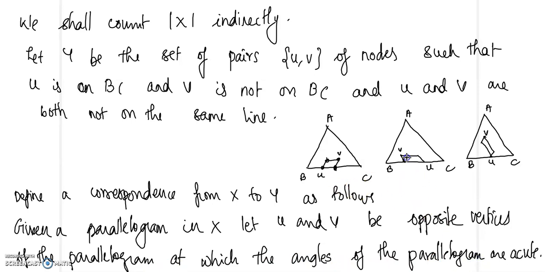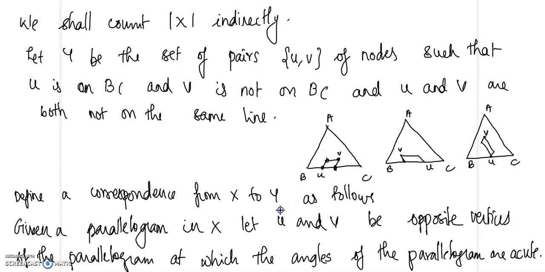Only these types of parallelograms will be counted in this way. Therefore this will give us a bijection between X and Y.